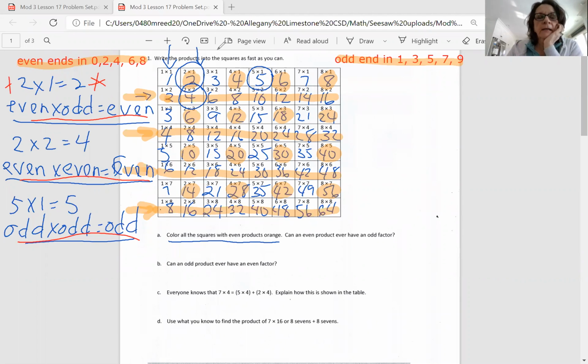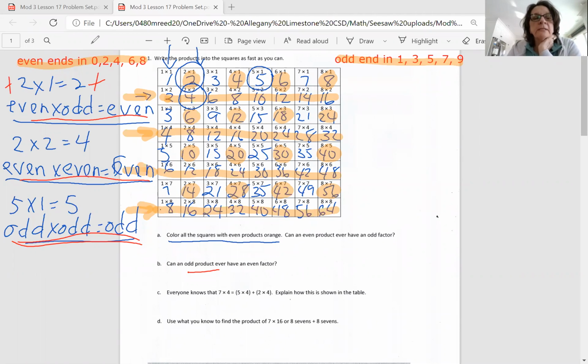Okay, now let's look at the other one. Can an odd product ever have an even factor? Well, again, if we go back to our 3 examples here, the only time we ever had an odd product is right here.